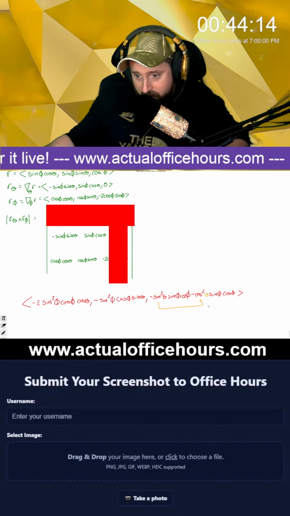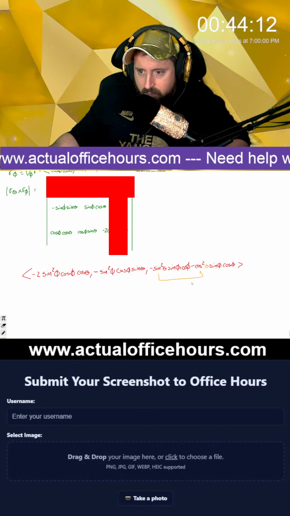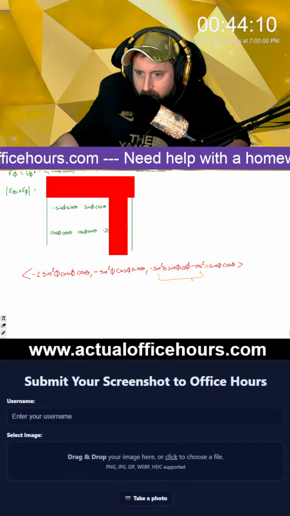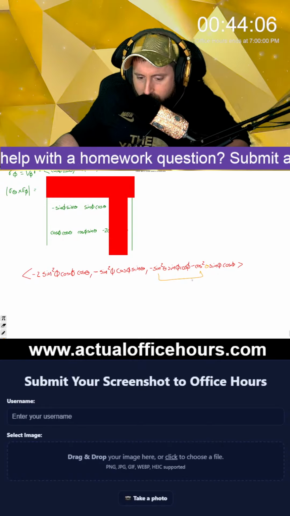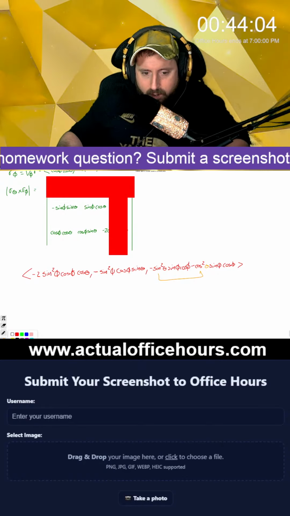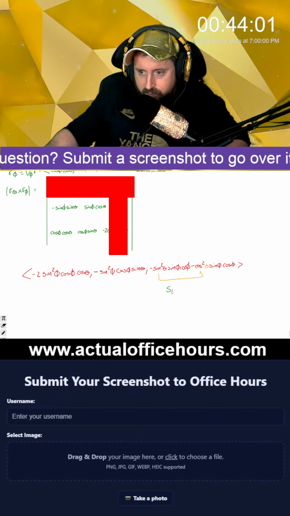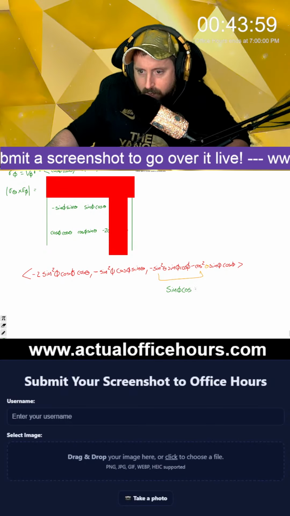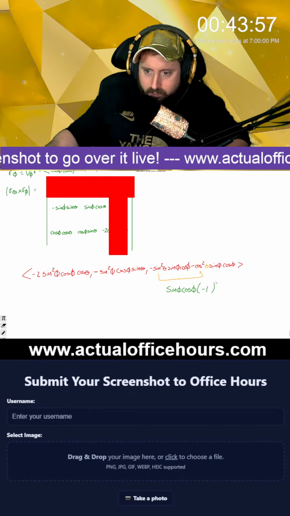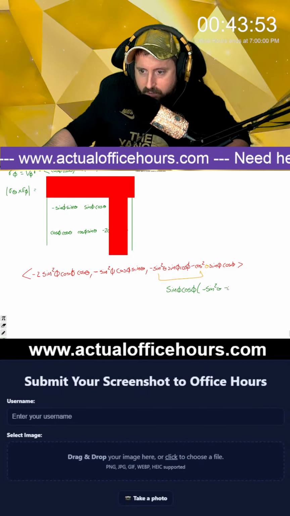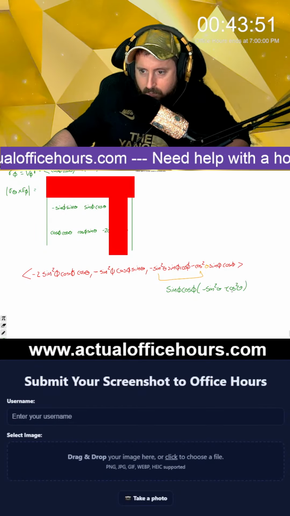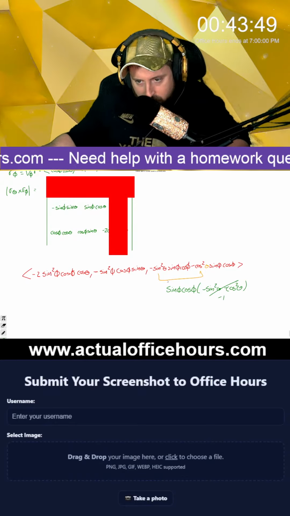It's the same thing as negative 1. Oh. Okay. I think I got this. So then this is all sine phi cosine phi times negative 1. Because this was technically negative sine squared theta minus cosine squared theta. Right? This is just negative 1.